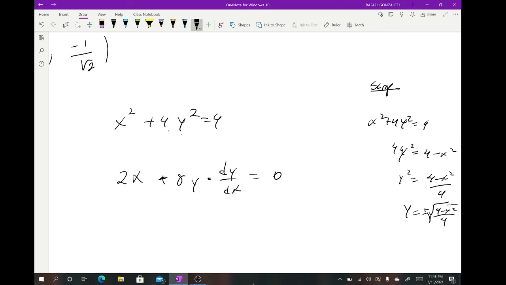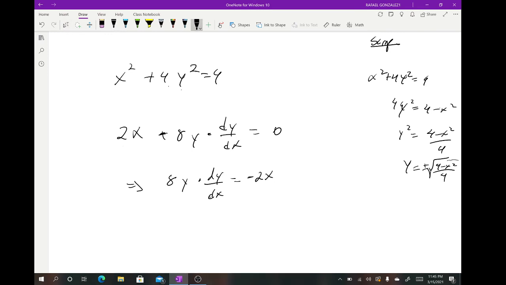So now that we have actually taken the derivative, remember step 2 is to move everything that doesn't involve dy/dx to the right side. So this is 8y times dy/dx equal to minus 2x. We subtract 2x on both sides. And now we can divide by 8y on both sides. So we have dy/dx equals minus 2x divided by 8y.